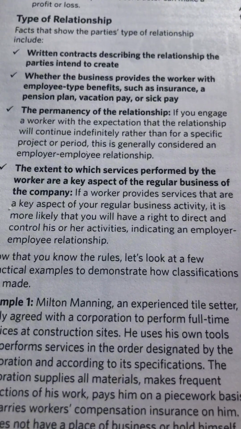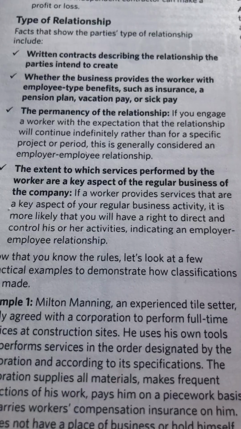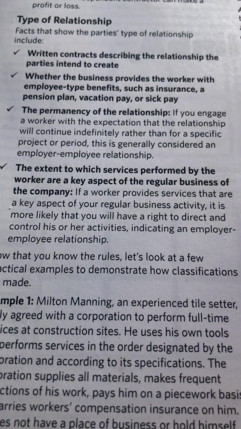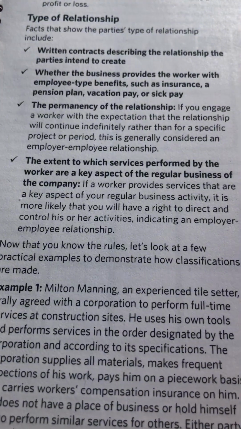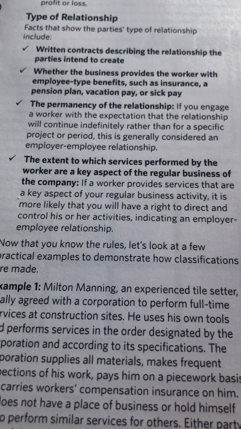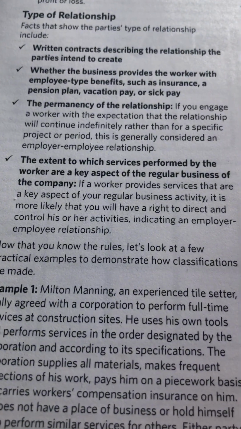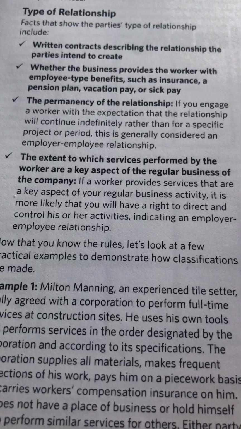The permanency of the relationship: if you engage a worker with the expectation that the relationship will continue indefinitely, rather than for a specific project or period, this is generally considered an employer-employee relationship.